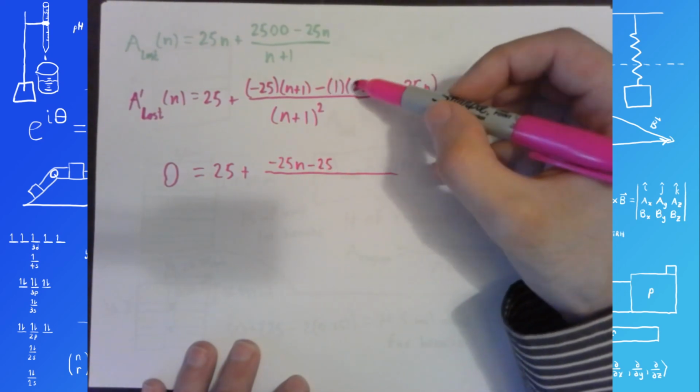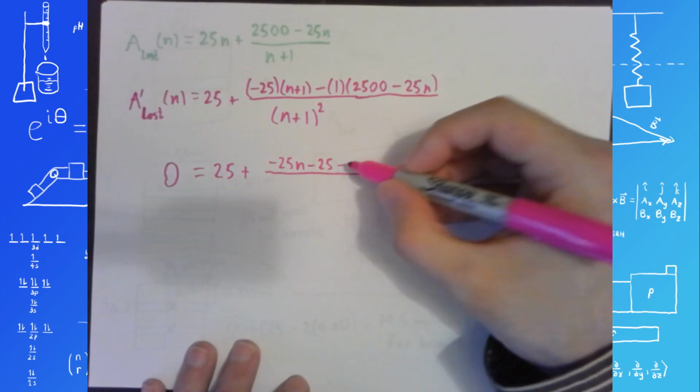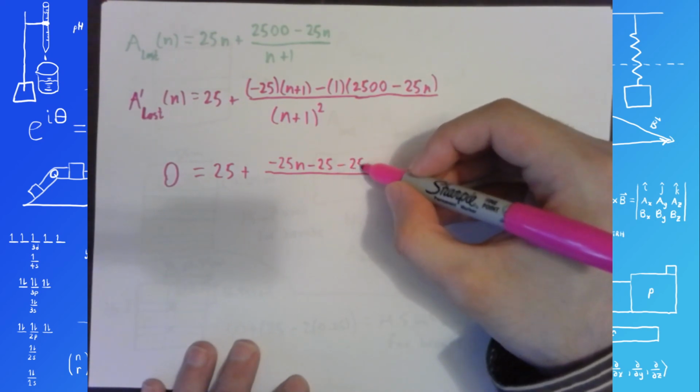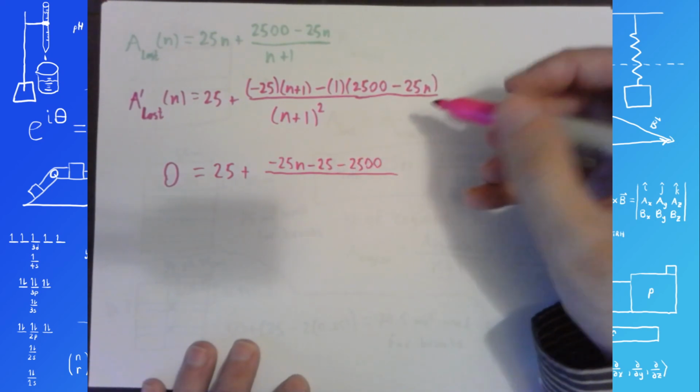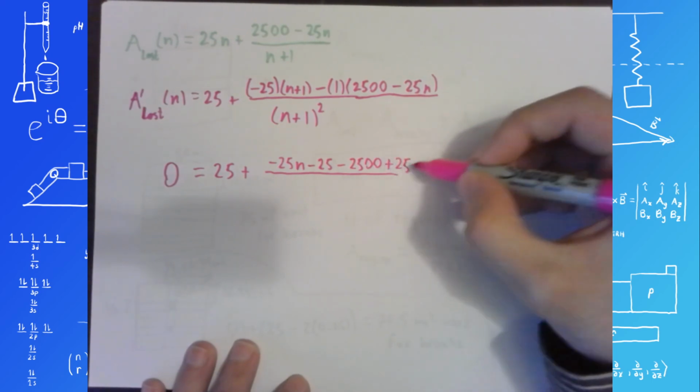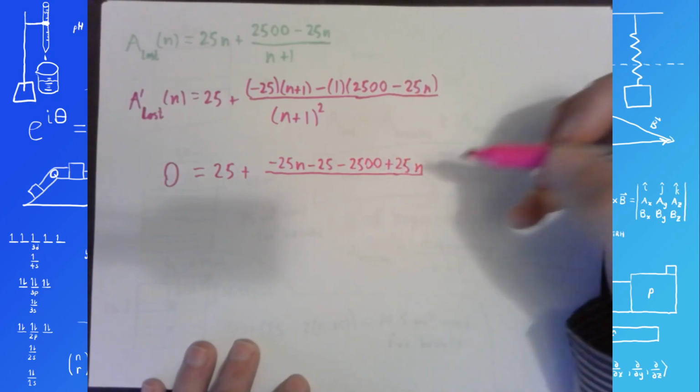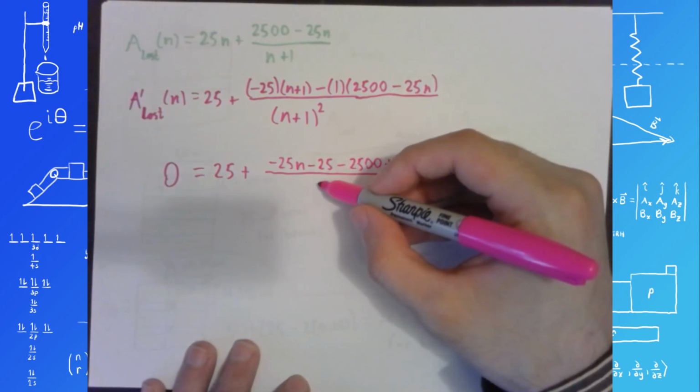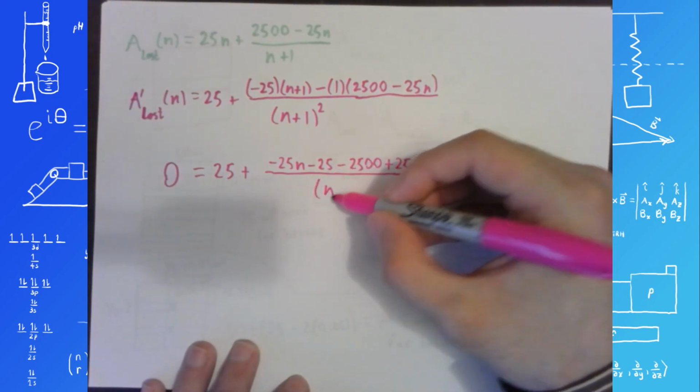And then if I distribute the negative 1 over this, that's going to be minus 2500 and plus 25n. Oh, well, that's nice. The 25n's are going to cancel out, over n plus 1 squared.